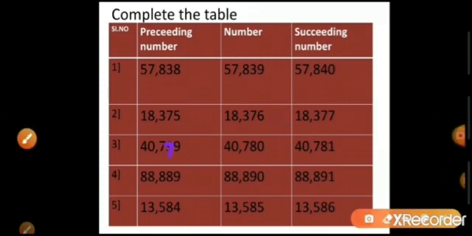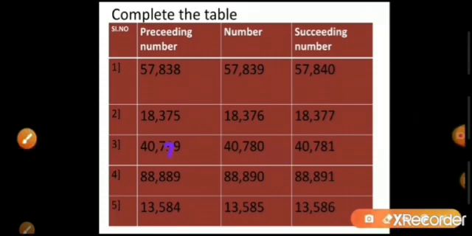Now we go to the third one, that number is 40,780. From that number we subtract 1, then we get the answer 40,779. So this is the preceding number of 40,780. To the given number we add 1, then we get the succeeding number 40,781.